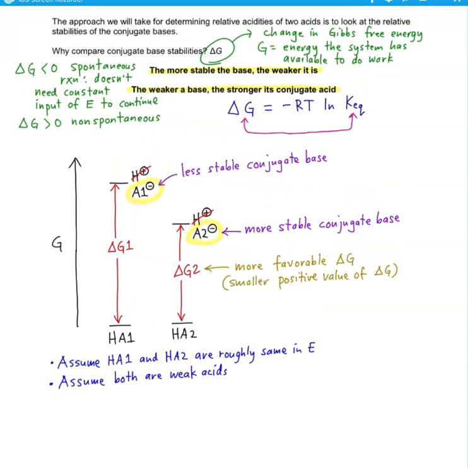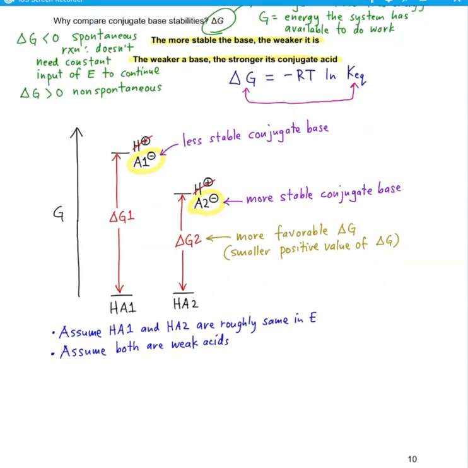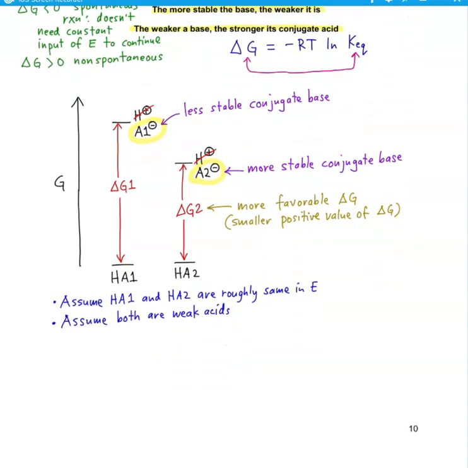Okay, so from the equation up above, delta G equals negative RT times the natural log of KEQ, what we could conclude is the following. A more favorable delta G signifies a larger equilibrium constant.